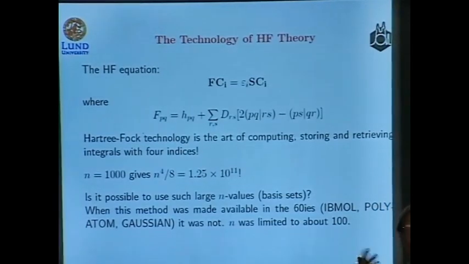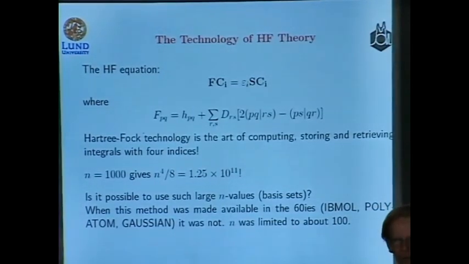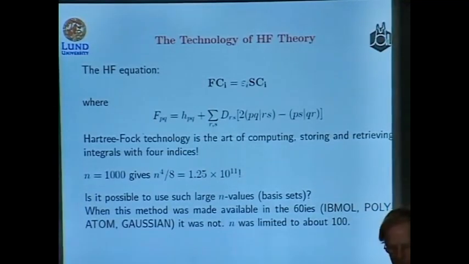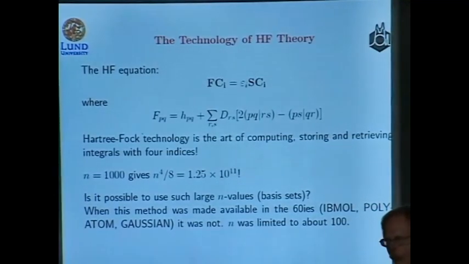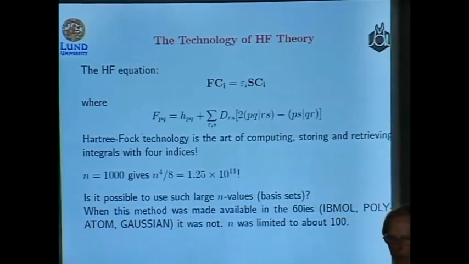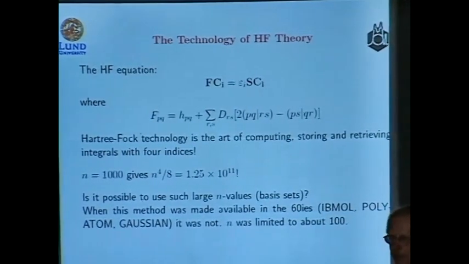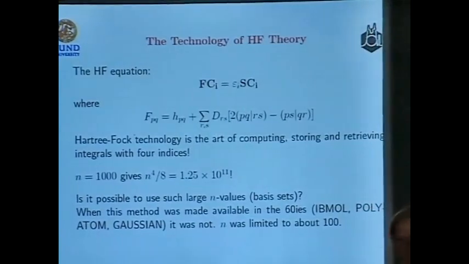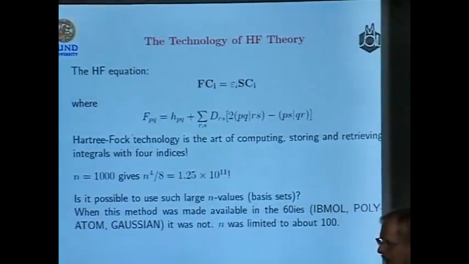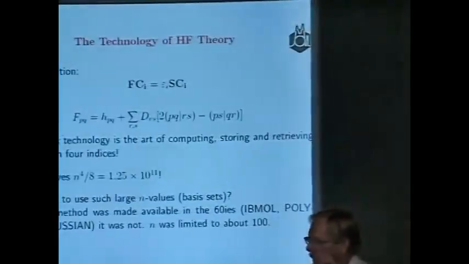When you do calculations, and I will talk a little bit about that, you need to store and resort and transform very large amounts of numbers. And to do that with a tape was very, very difficult, because you can only read the tape sequentially and write it sequentially, one number after the other.